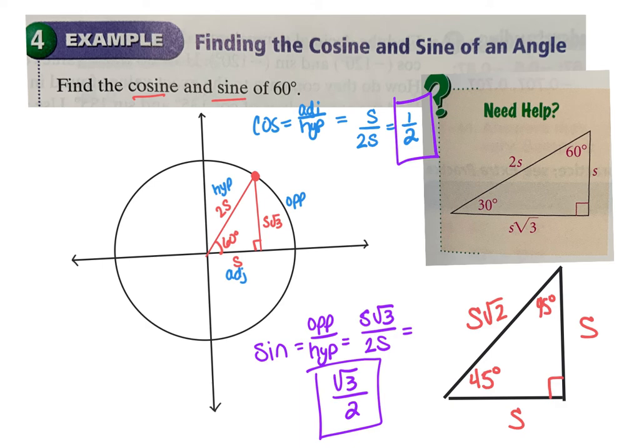Let's talk about what cosine and sine means. We talked about it a little bit when we did Sohcahtoa, all right? Sohcahtoa told us it's a relationship between two sides of the triangle that's made up by that angle, okay? So I want you to understand that whether I have a 60-degree angle that is the size of this thing on the screen here, or whether I have a 60-degree angle that NASA is using to calculate where a satellite is located, the ratio between the opposite and the hypotenuse will always be square root of 3 over 2, and the ratio between the adjacent and the hypotenuse will always be 1/2.